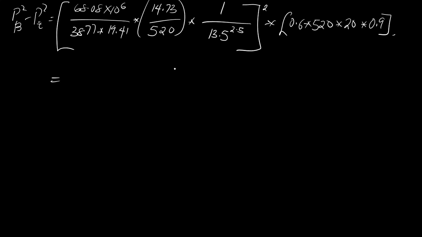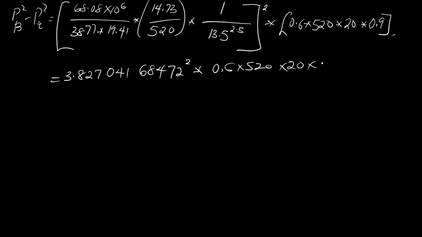So we'll calculate the whole of this. Inside these brackets, we have 3.82704168472 square times 0.6 times 520 times 20 times 0.9. So we'll now have what here.